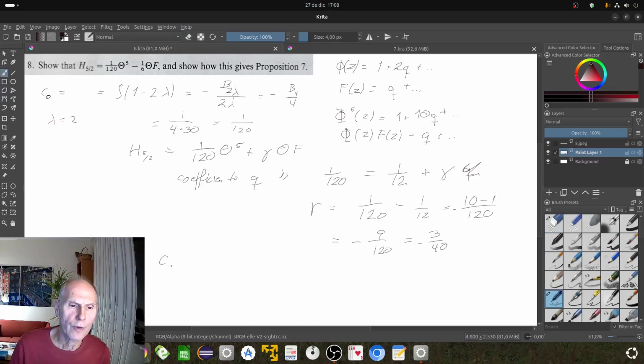Actually, C1 is L chi of -1, and that means it's theta of -1, which we can write as 1 minus 2, meaning it's minus B2 divided by 2. And B2, that's plus 1/2, or is it minus 1/2?